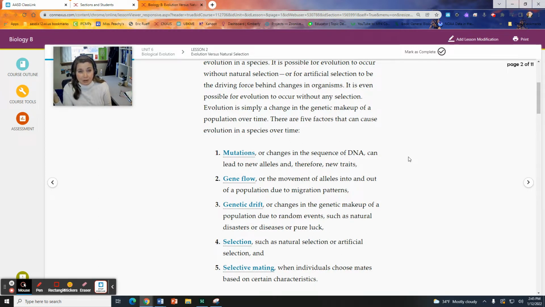We see gene flow, which is movement in and out of populations. It's essentially immigration and emigration. Organisms move around. They go from one place to another. And when they do that, you might get a population that has a specific trait in one geographic area that isn't found in a different geographic area.